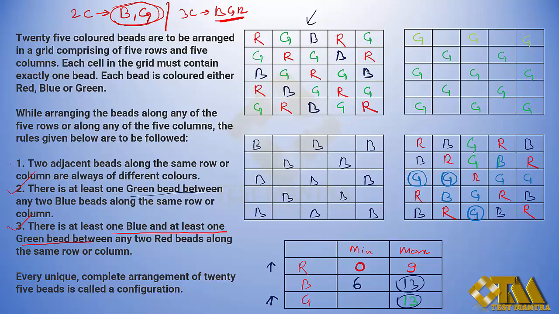So now if we check how many greens are available, if we consider the cases here, I have 1 2 3 4 5 6 7 8. Now in this case possibly I can have 8 greens, right? So this is my possibility. We'll have to find out the other relations also in this case, right?